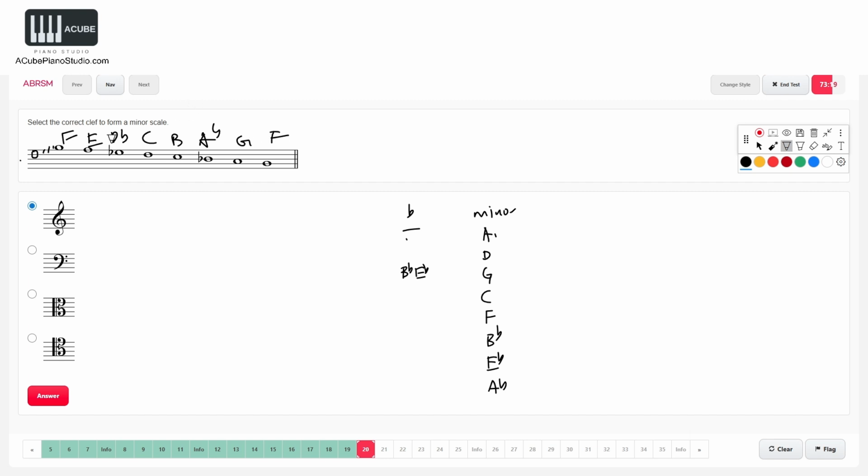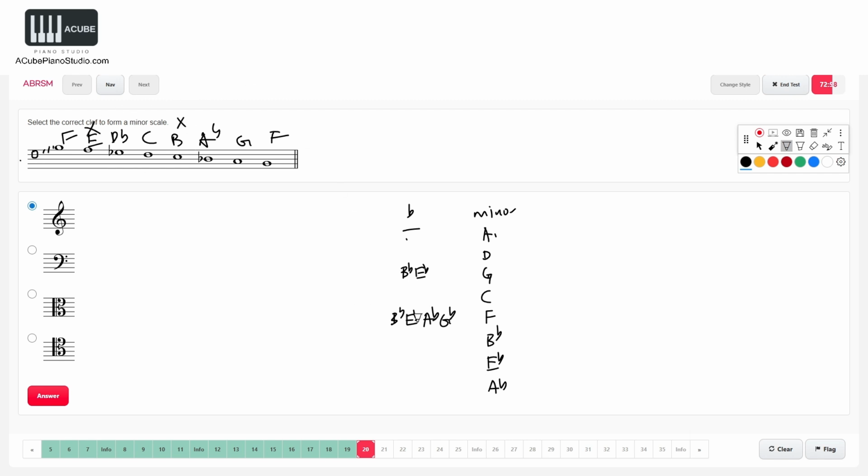If you look at this, D flat, F minor has B flat, E flat, A flat, D flat, 1, 2, 3, 4, four flats. So I should have B flat, there's no B flat here. I should have E flat, no E flat.